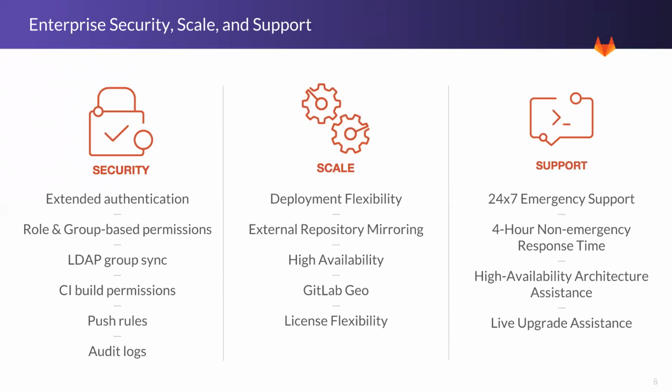Scale is important. We mentioned this just a moment ago. Organizations need to support maybe not just hundreds, but thousands of users. With GitLab Geo, you can create globally distributed read-only mirror nodes of a GitLab instance, which allows team members that are non-co-located in different parts of the world to have ready access to an instance of GitLab and be able to start working.